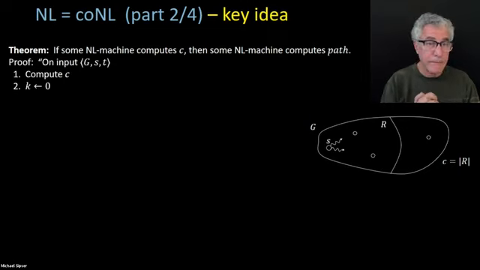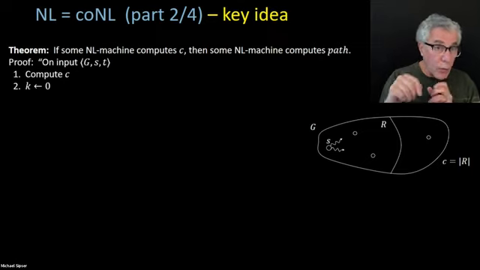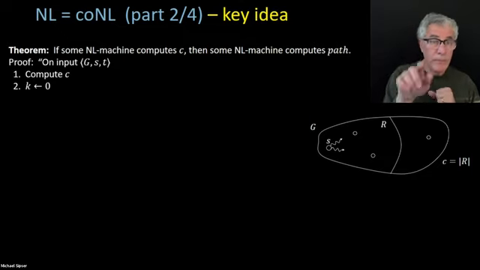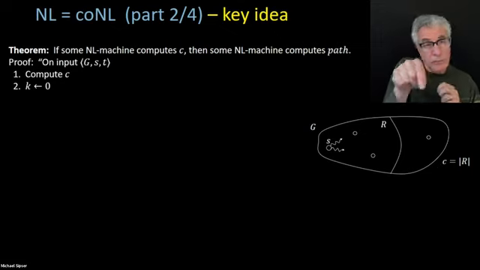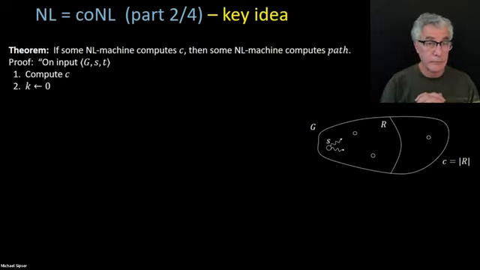The idea is this. Suppose I know that there are 100 reachable nodes. What I'm going to do non-deterministically is guess those 100 nodes one by one. You can't store them all because 100 could be a big number, so I'm going to guess them one by one. Every time I guess a node, I'm going to prove it's reachable by guessing the path that shows it's reachable.